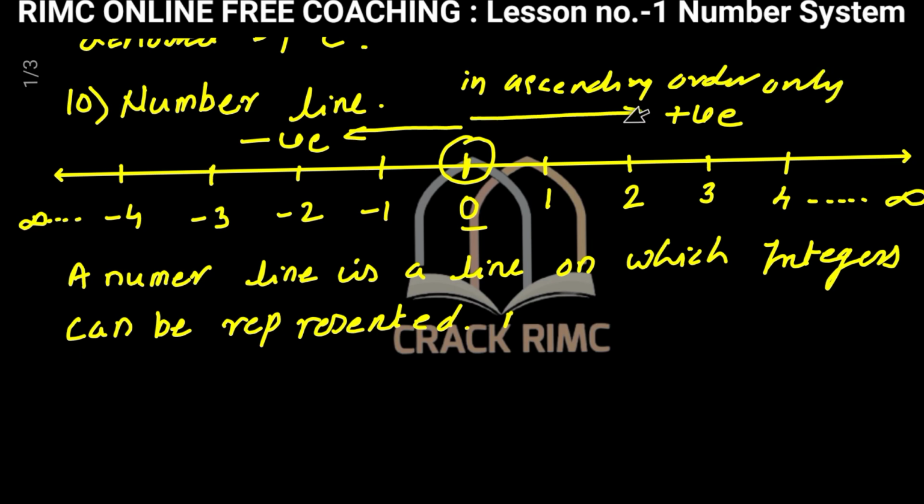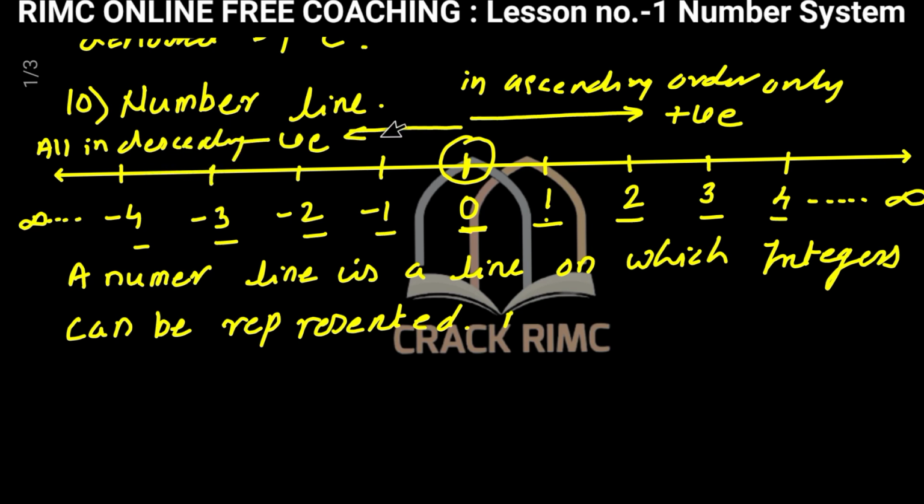Okay, as you can see here comes 0, then 1, then 2, then 3, then 4, all are in ascending order, whereas from 0 we go to the left side, then -1, -2, -3, -4, these all are in descending order.